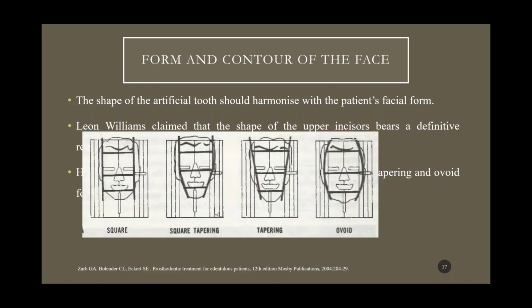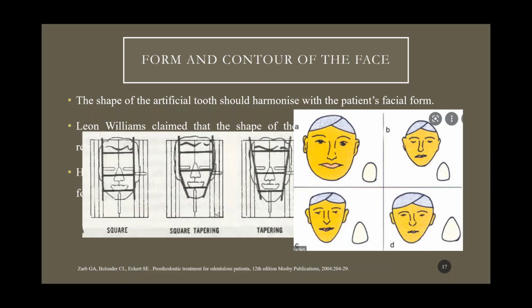So Leon Williams had claimed that whatever might be the shape of the face, the shape of the tooth will be the inverse of the shape of the face. So in case of tapering facial forms, the facial form tapers towards the chin. When you select the central incisor, the cervical area is tapered.